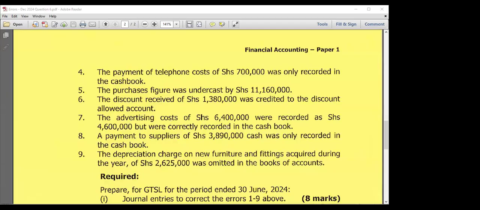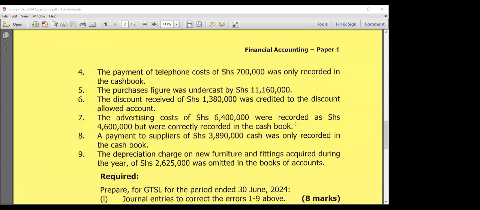The advertising costs of 6,400,000 were recorded as 4.6, but were correctly recorded in the cash book. Advertising costs correctly recorded in the cash book, which means that cash book had 6.4, but advertising costs had 4.6.